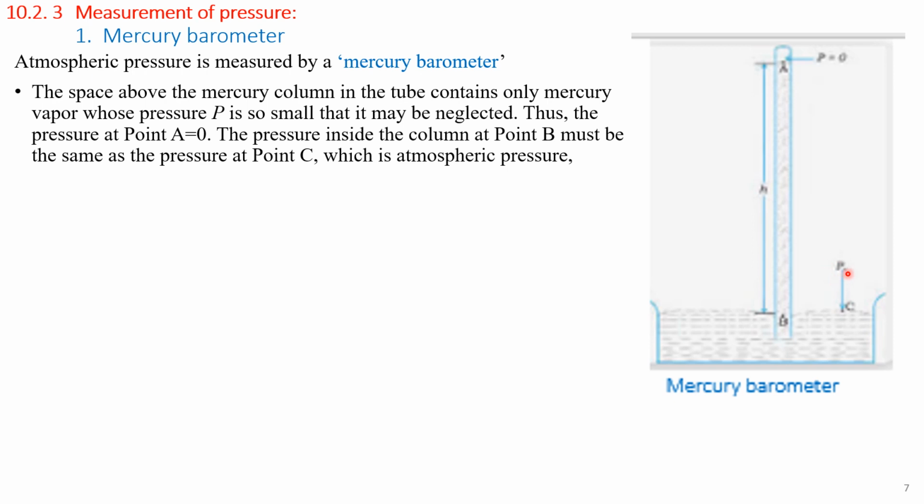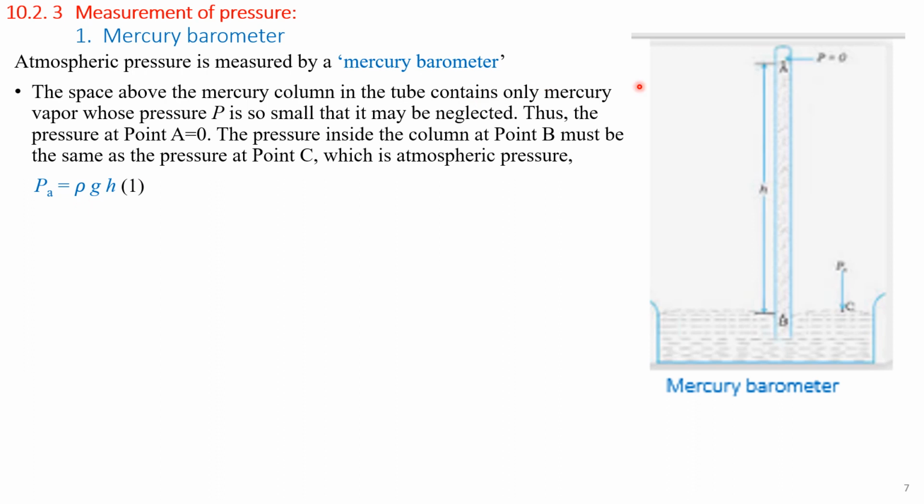This atmospheric pressure is given by the relation P_A equals rho g h, where P_A is the atmospheric pressure, rho is the density of mercury, g is the acceleration due to gravity, and h is the height.